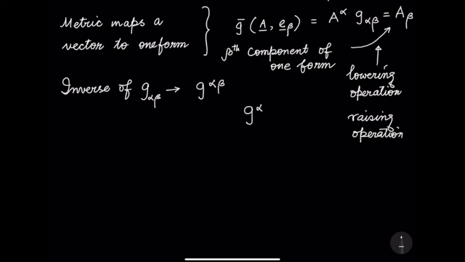So G alpha beta maps a one form to a vector. If I give it a one form, which is A beta, this will give me A alpha, which is a component of a vector. So this is the component of a one form, and this is the component of a vector.